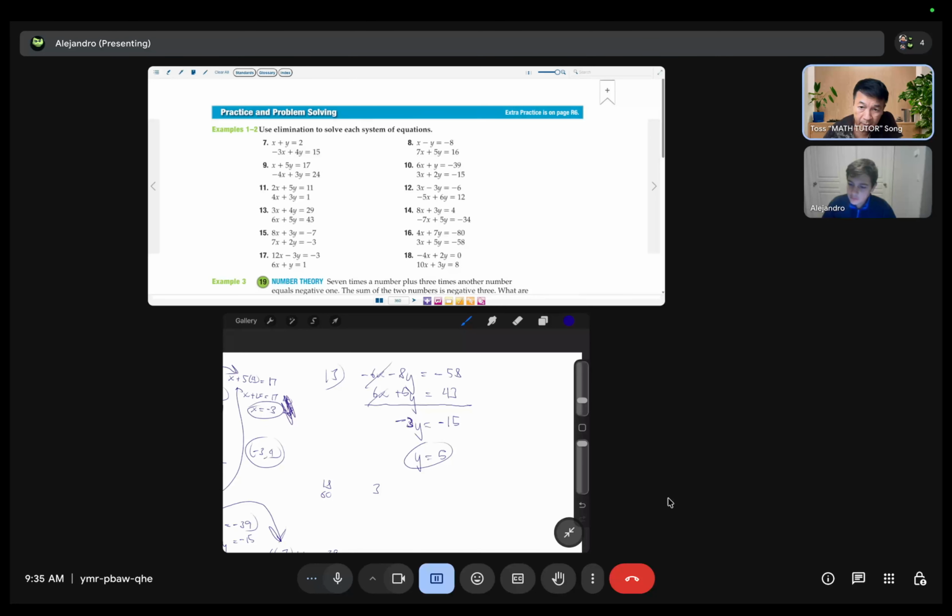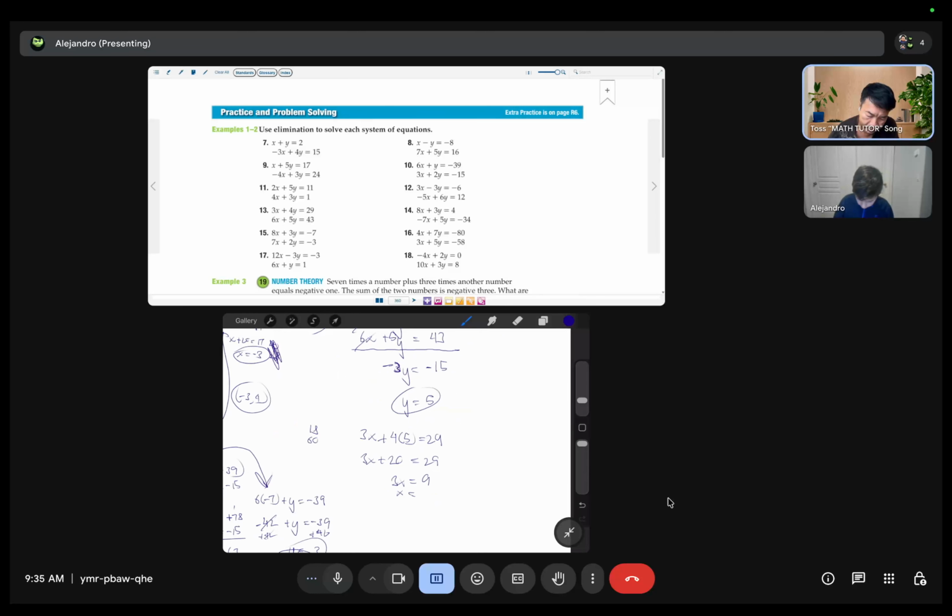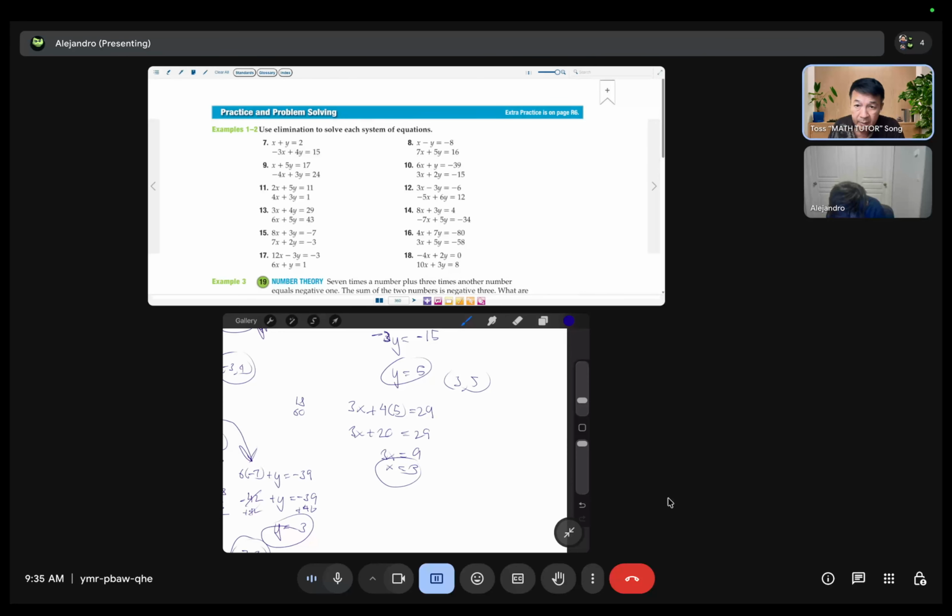It'll be 3x, the original, not modified, plus 4 times 5 equals 29. Be 20 here equals 29. 3x plus 20. Subtract both sides by 20, you're left with 9, 3x, so x equals 3. So you can write 3 comma 5 is the answer. Double check my math there. I think it's good.